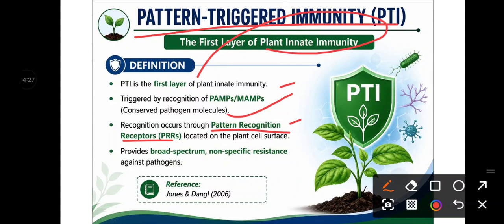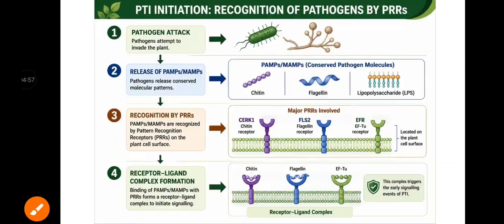Its characteristic is that it is a broad spectrum, non-specific resistance against the pathogen. Broad spectrum means that whenever a peptidoglycan molecule is recognized by our PRR, it will activate a generalized defense against most bacterial pathogens. So this is a brief about PTI.